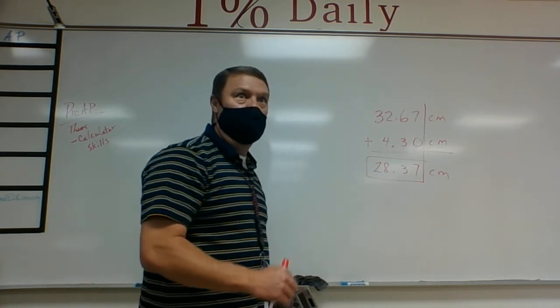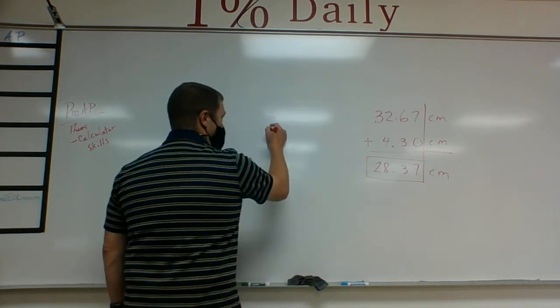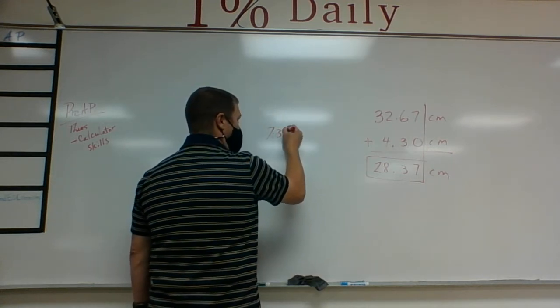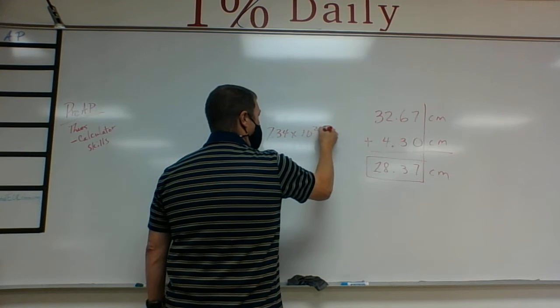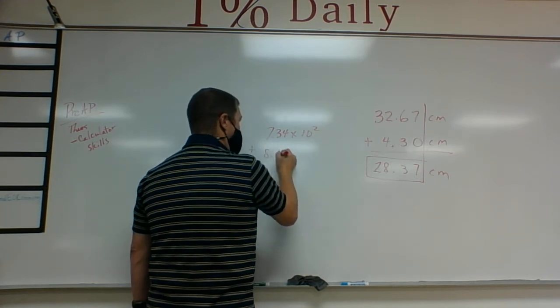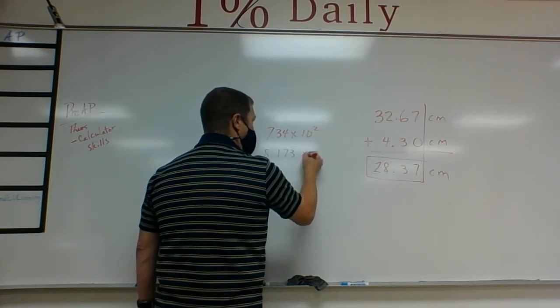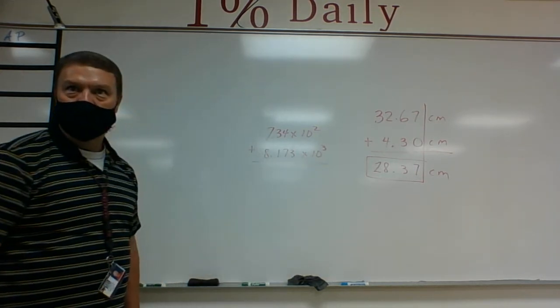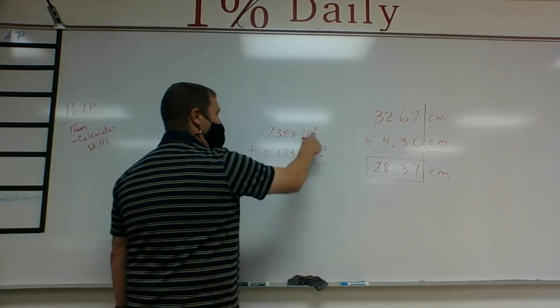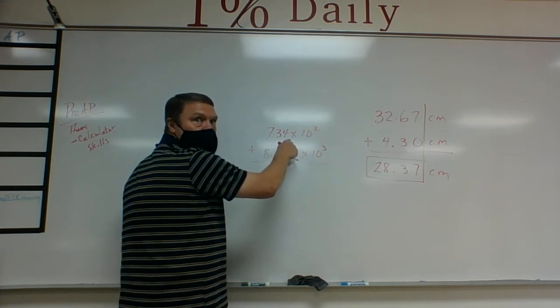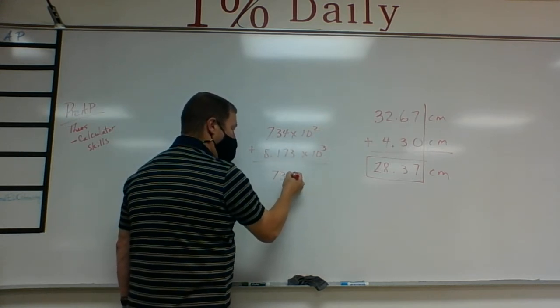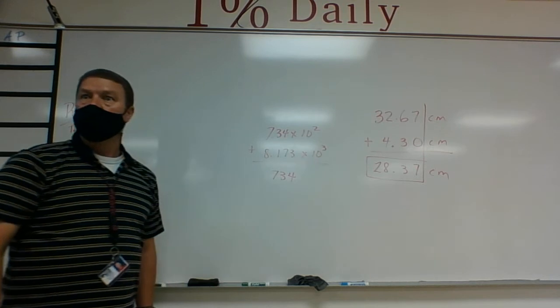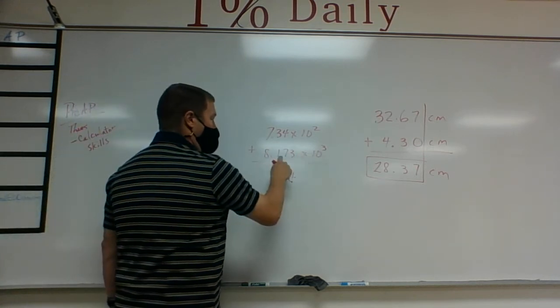The one question that really kicked people was this one. It'll say something like 7.34 times 10 to the second plus 8.173 times 10 to the third. Add them. You know what I do on this one? Break it out. Doesn't 10 to the second mean move it 2 places? So in reality, isn't that 734? Move this one 3 places, 1, 2, 3.